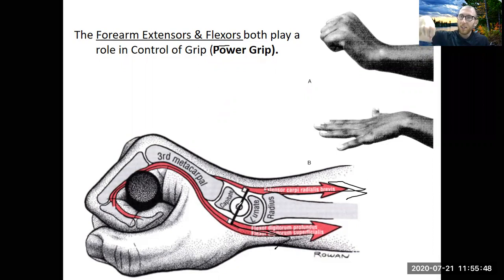Now, if you were to just flex and flex and flex, your grip would be weak because when you're fully flexed, your forearm muscles are too short and thus they can't produce as much force. So counter it with some extensors, and then you have what you call the power grip. Power grip, super strong with extensors and flexors.